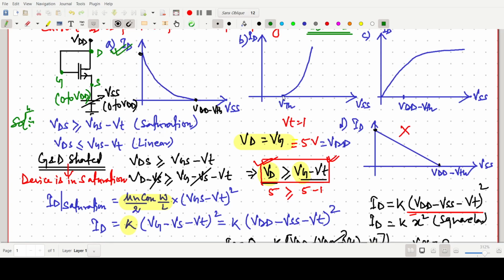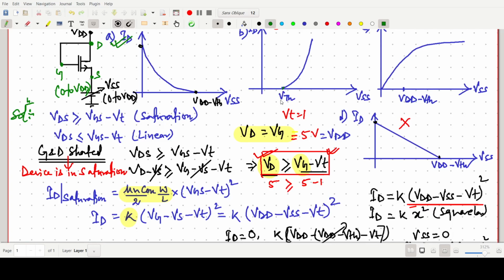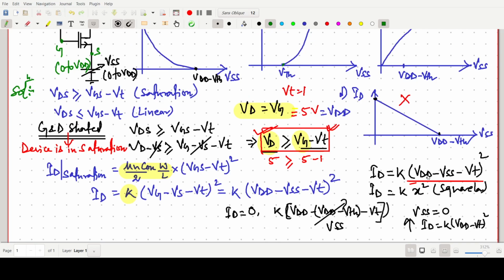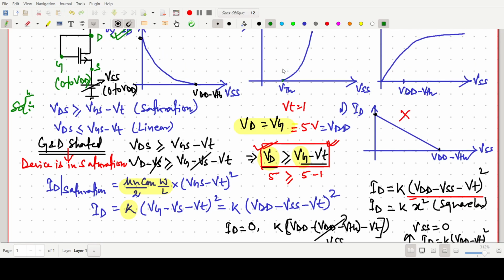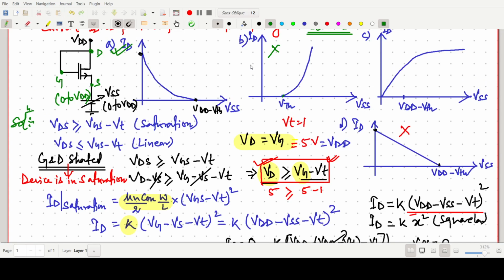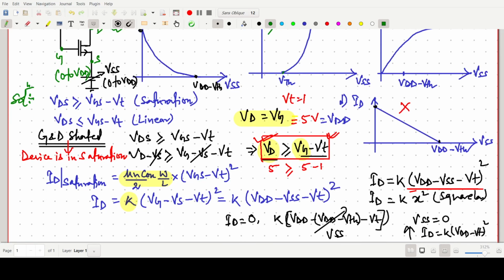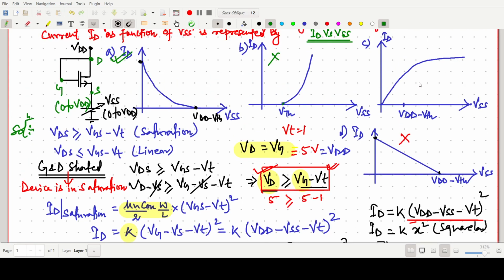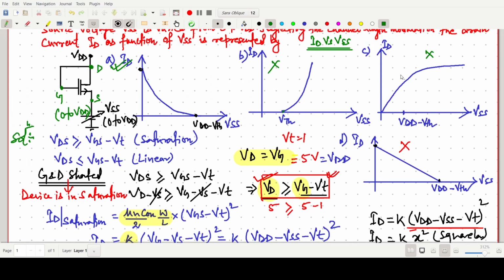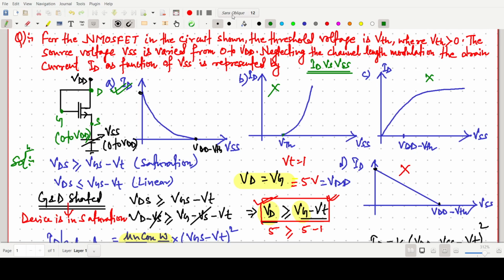Also, if we take VSS equals VTH, it is coming K VDD square, and the graph is not possible. Also, when VSS is 0, ID will not be 0, so this one is also not possible. So option A will be the correct answer.